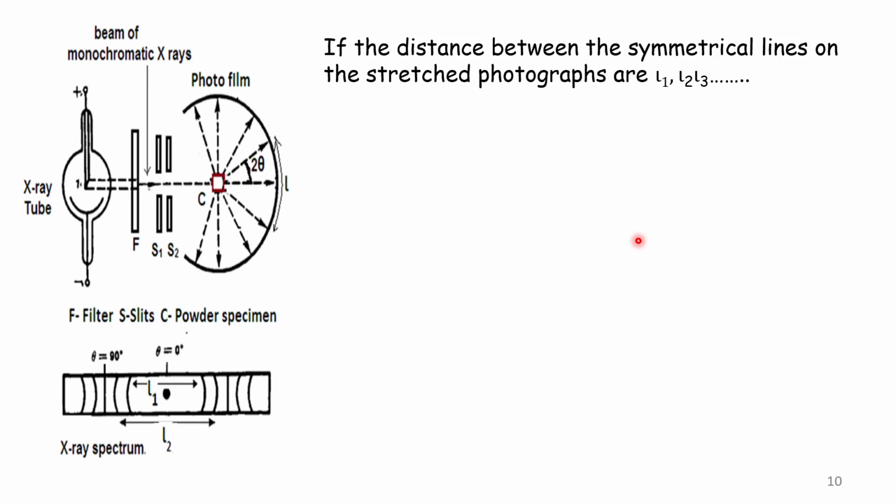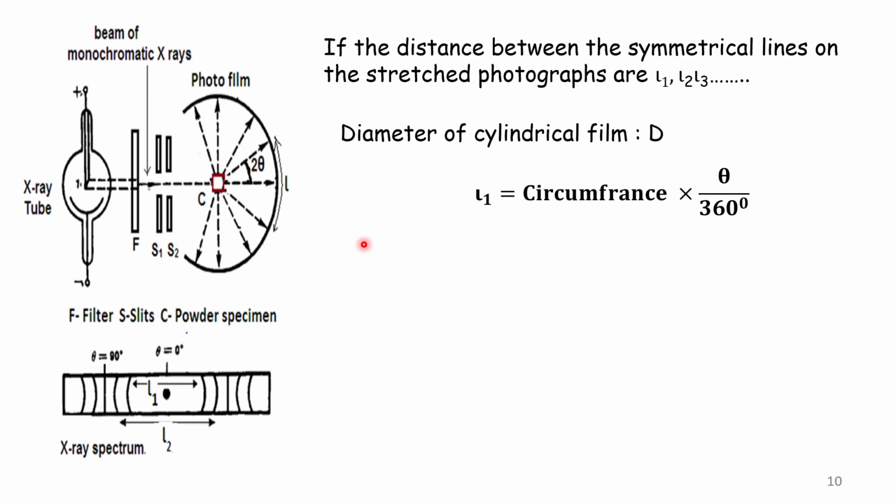If we consider the distance between the symmetrical lines on the stressed photographic film as L1, L2 and L3, and the diameter of the cylindrical film is D, then the distance between these symmetrical lines can be determined by L1 equal to the circumference multiplied by theta divided by 360 degrees.